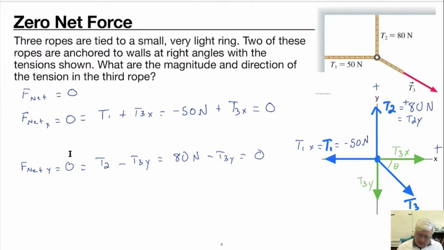If we look at the x direction, we can essentially say T3x equals minus 50 newtons. Just rearrange it a little, make it a bit cleaner to look at and think about. And then we could do the same thing with the y. We could say that T3y is equal to 80 newtons.